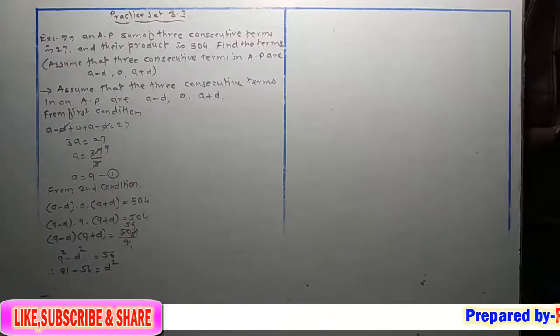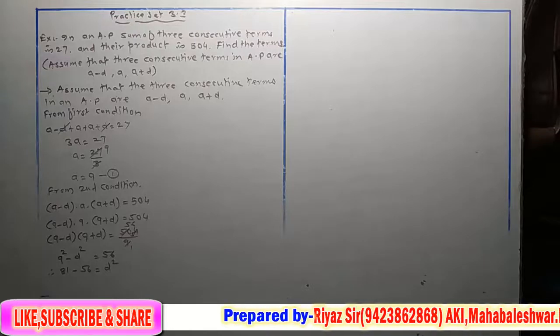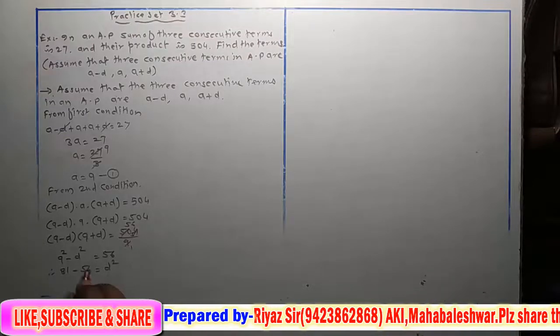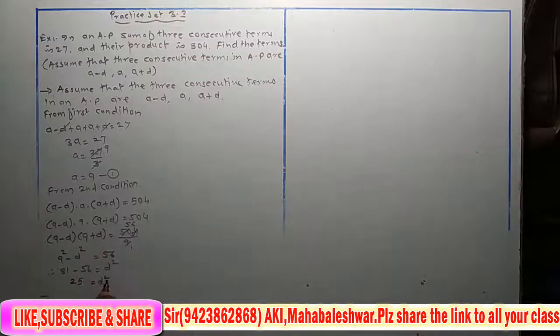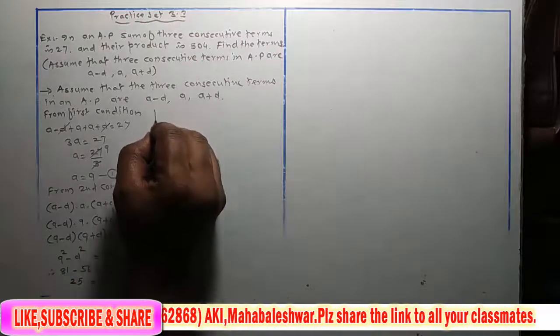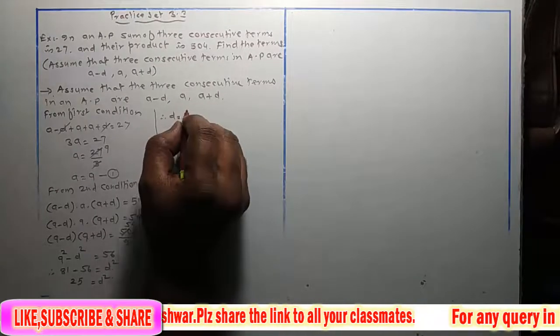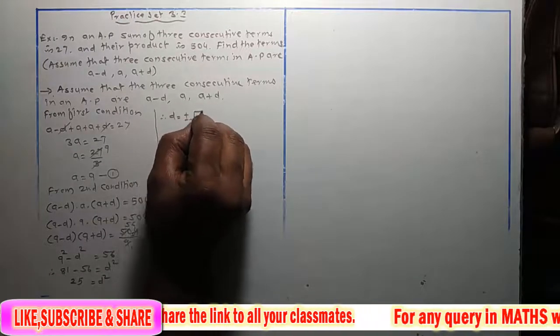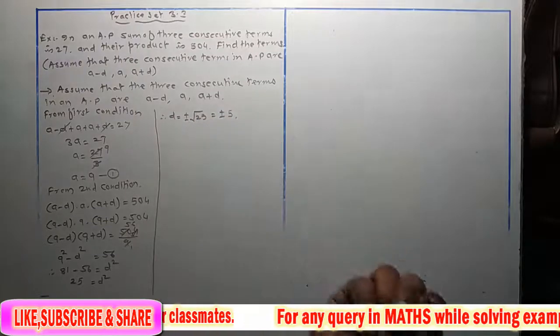Right? When we take that term on right hand side, it will be positive. Okay, so 81 minus 56 will be 25 is equal to D square, and therefore D is equal to plus or minus square root of 25, that is equal to plus or minus 5.